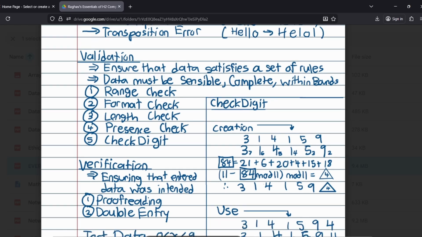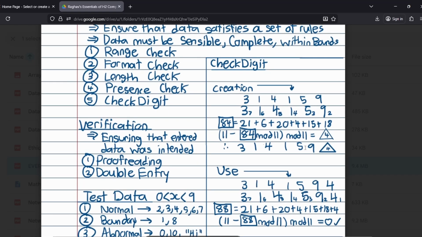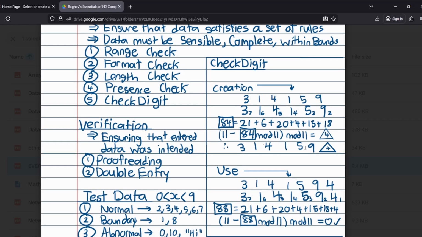A check digit is a way for you to verify that data has been correctly stored and not tampered with. Let's assume I want to store 314159, right? To prove that this is a correct sequence, how I can do this is by taking the position of every single one of them from the back, minusing 1.